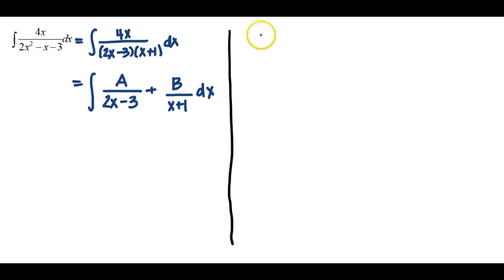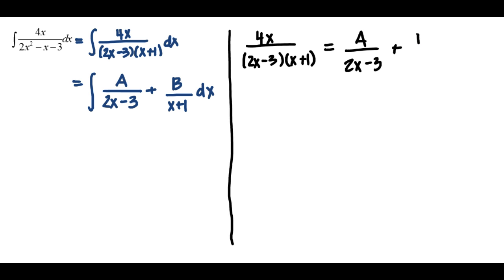So again, let's go ahead and do our scratch work. What we need is for 4x over 2x minus 3 times x plus 1 to equal a over 2x minus 3 plus b over x plus 1. So we're going to cross multiply to get that numerator that we need.